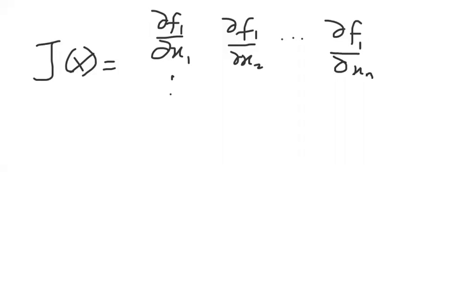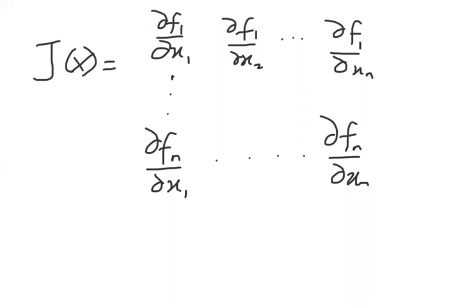And then I'll continue doing this, and I'll also find the partial derivative of fn with respect to x1, and this should continue. And here I'm going to have a partial derivative of fn with respect to xn. So I'll come up with that matrix. Once I find this matrix, then I can substitute in that formula to generate a sequence x_k from k equal to 0 up to infinity, right? So this is the method we are going to use.